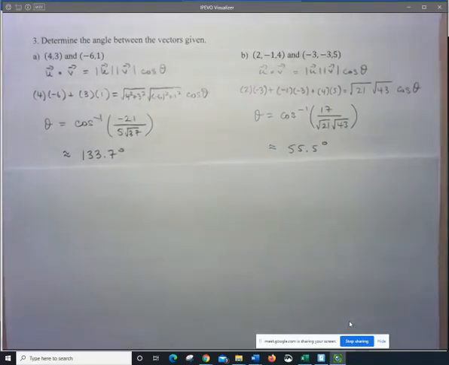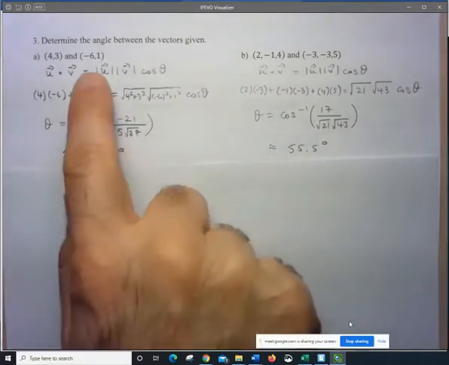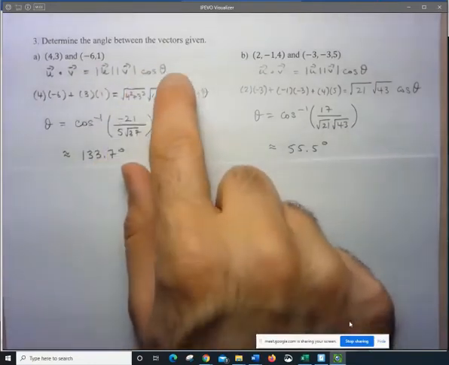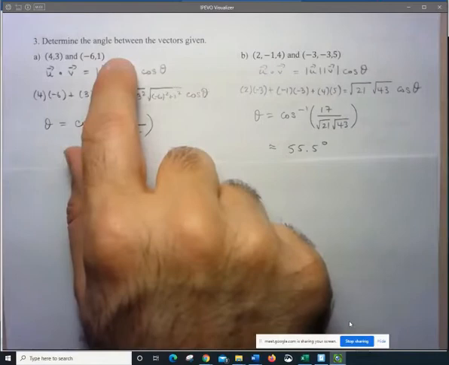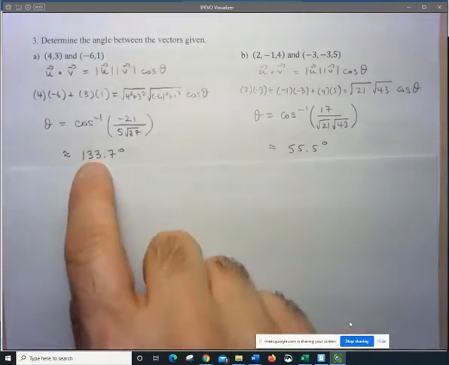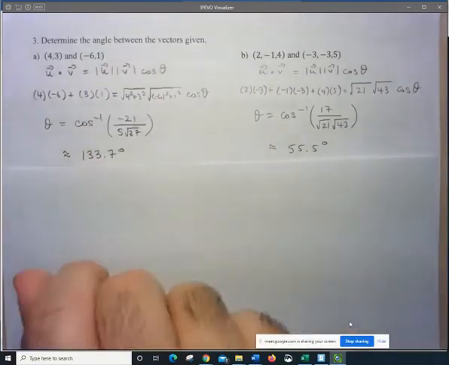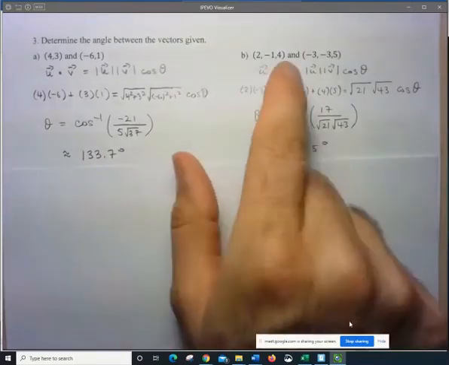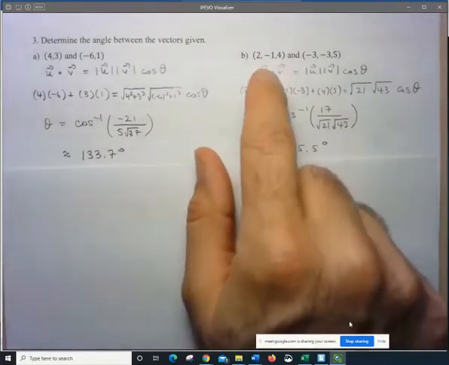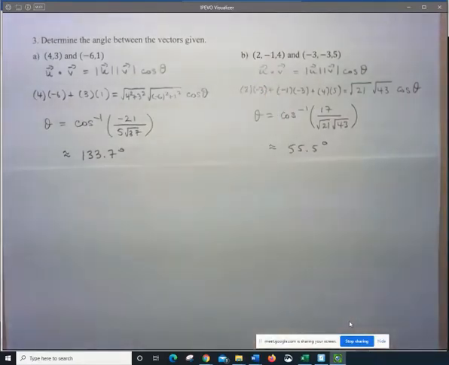All right. Now, if you were to draw this out, (4, 3) would be somewhere there, and (-6, 1) would be somewhere on the other side. Not surprising. You can easily see that it makes sense that this should be an obtuse angle. In 3D, you don't even want to have to think about that. So one of the things you're going to have to rely on is that your diagrams in 3D aren't necessarily going to be accurate, okay?